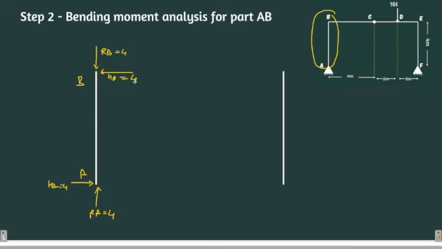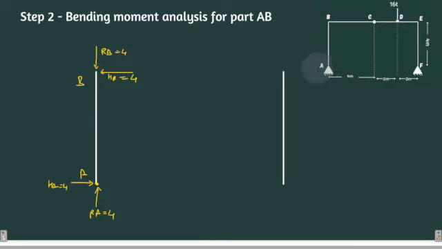It must be also 4 tons. Now you see that A cannot take any moment. The moment over here should be 0. Why? Because it was hinged portion. A is hinged over here. So A cannot take any moment.